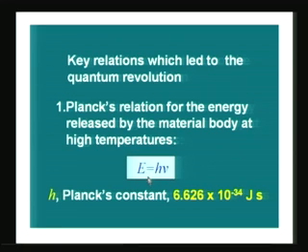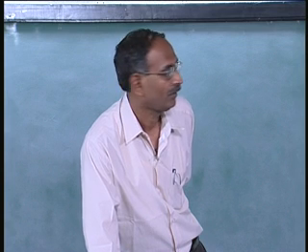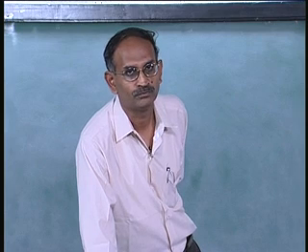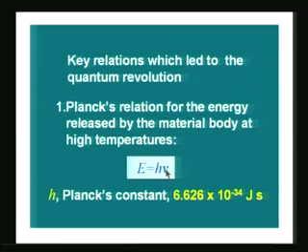The energy associated with the energy packets is a constant times the frequency of the radiation. E is equal to h nu, the first relation proposed by Max Planck, where h subsequently was called Planck's constant.